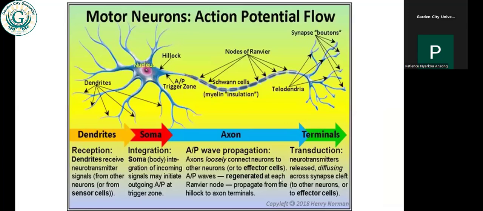All right, so in summary, we look at a signal received at the dendrites, and a signal is received when a ligand-gated channel opens for a ligand to bind to it. Then the complex formed is going to trigger voltage-gated sodium channels to open for sodium to rush into the cell.